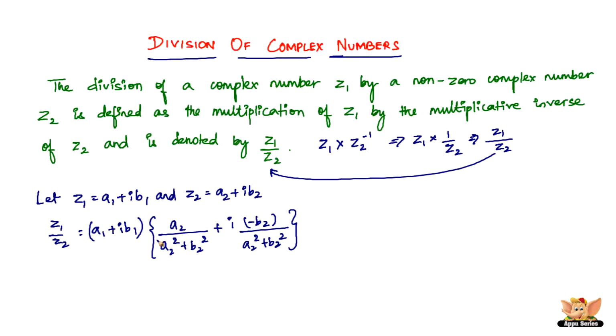Now in the next step, further simplifying this, since the denominators are equal here, we have A1 plus iB1 times A2 minus iB2, divided by A2 square plus B2 square. Now all you have to do is multiply the numerators here.